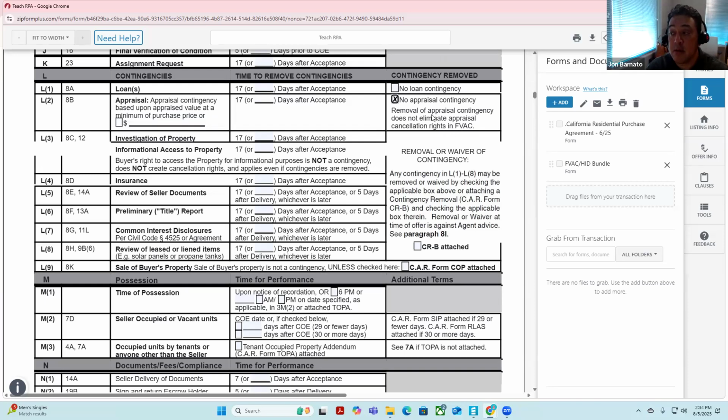We check no appraisal. So this is where the FHA VA comes in here. And it even says that removal of appraisal contingency does not eliminate the appraisal cancellation rights in FHA VA. So this is where I told you, it even says it here. FHA and VA offers have an appraisal contingency, even if you check the box and say there's none. Make sense? So, okay.